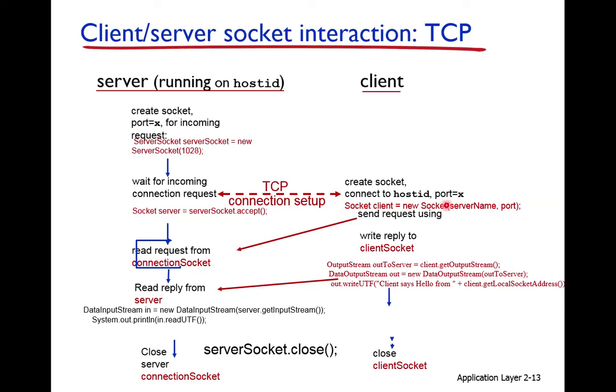So this Socket is used to create the client TCP socket. This is a built-in class in Java. When you create it, you have to specify the server IP address and port number.